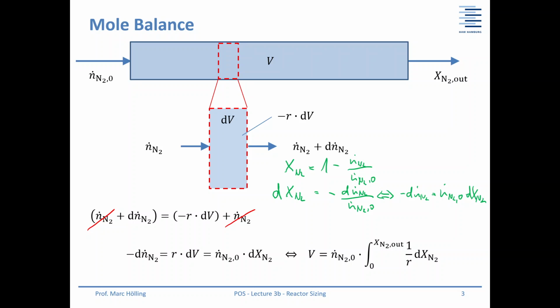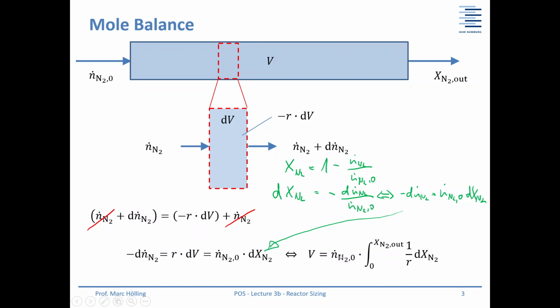And this is what we put in here. So now we have a differential equation, and we can write the integral sign. Your total reactor volume you get by integration.